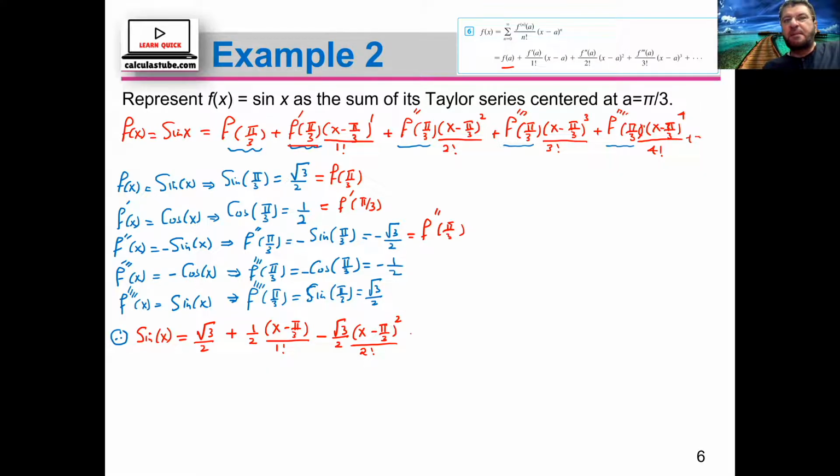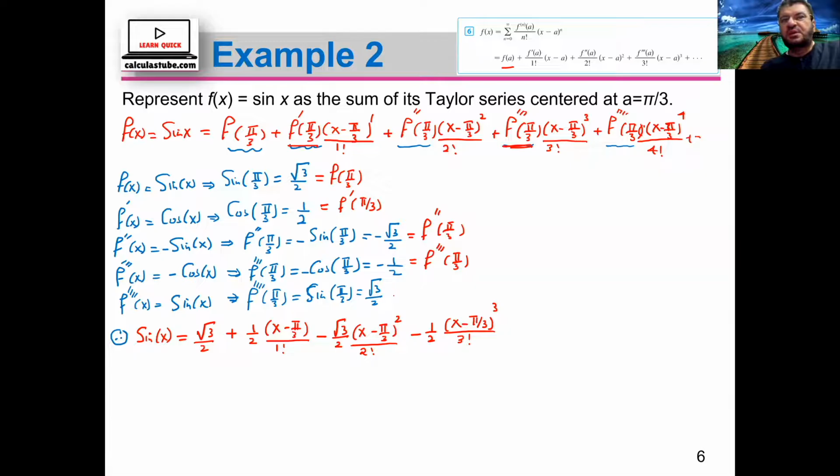Minus half, because this one is f triple prime at pi over 3, times x minus pi over 3 to the power 3 over 3 factorial.